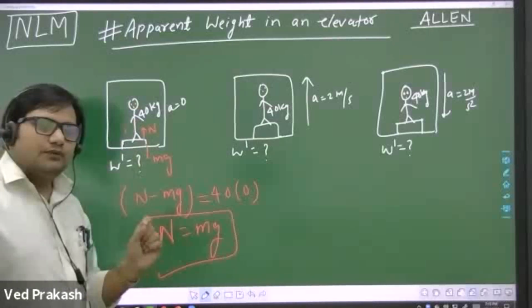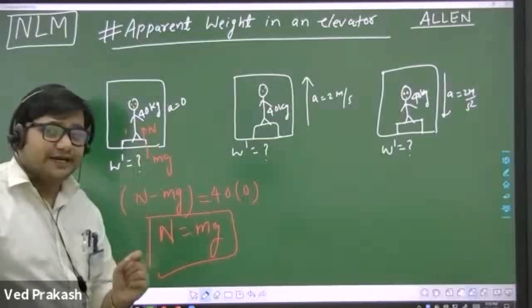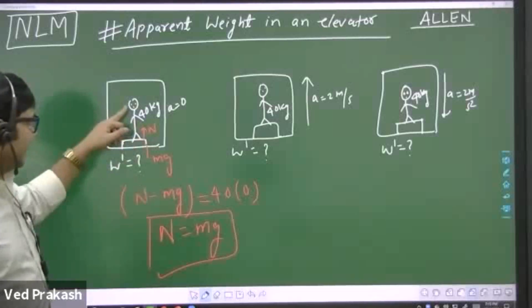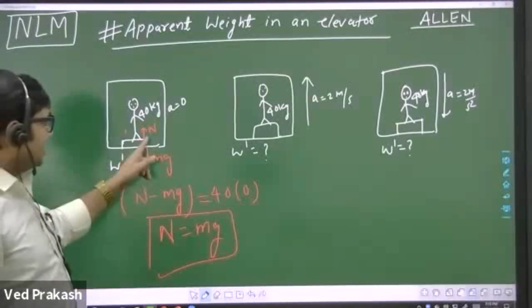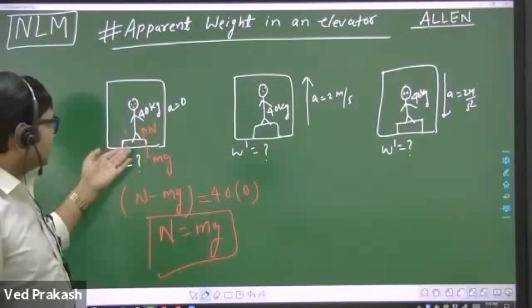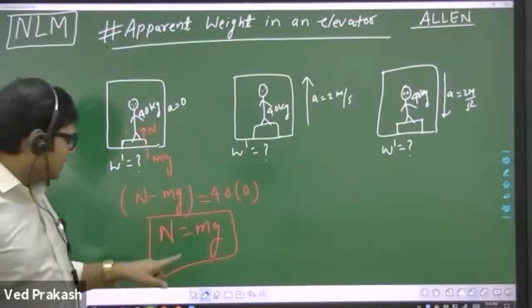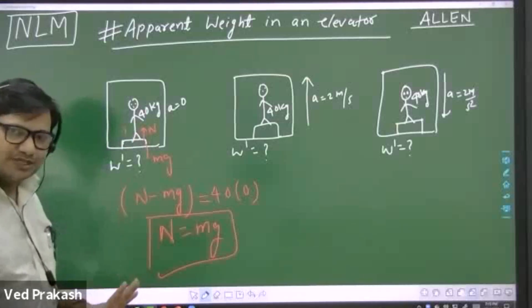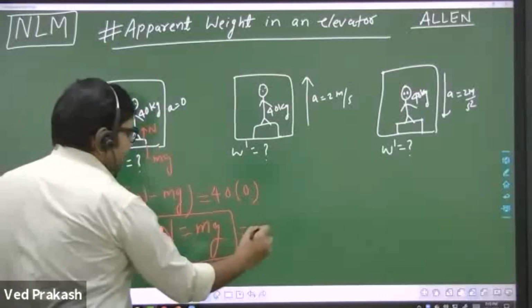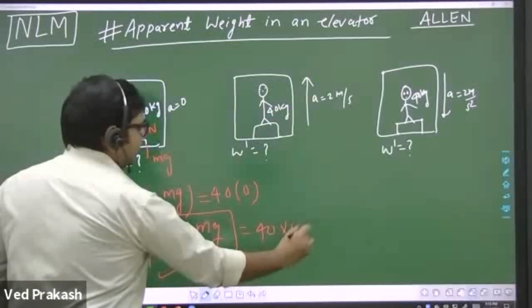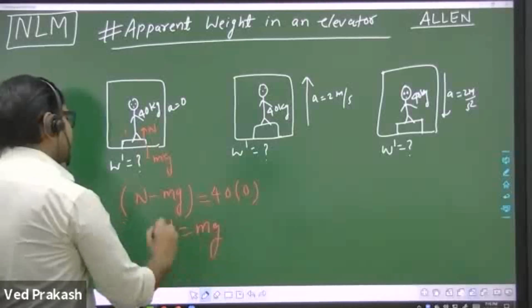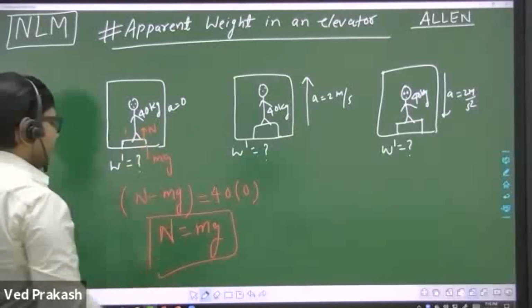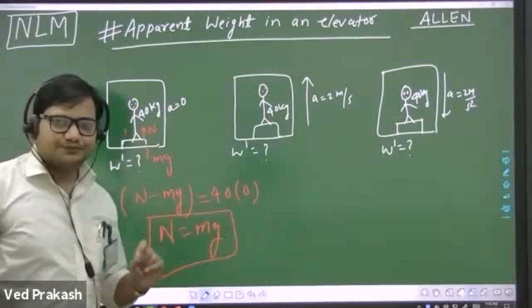So the weighing machine will read the force exerted by this man on the weighing machine, and that force will be equal to the normal reaction exerted by the weighing machine on this man. And here we are getting normal reaction equal to mg, and m is given as 40.